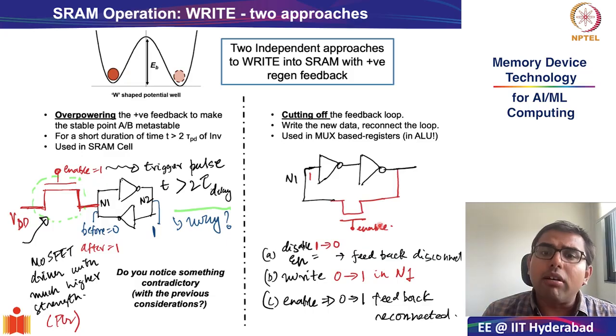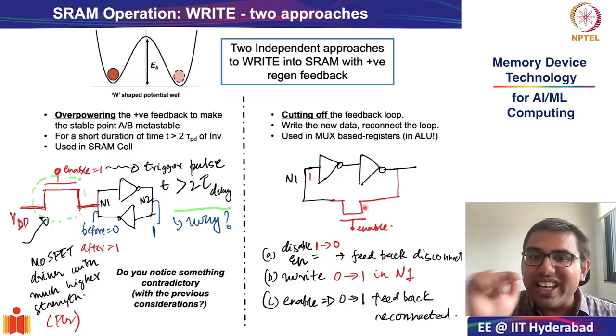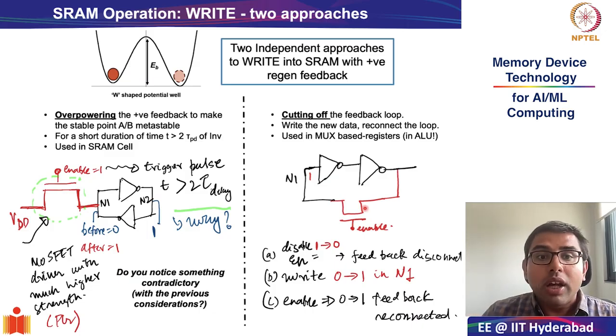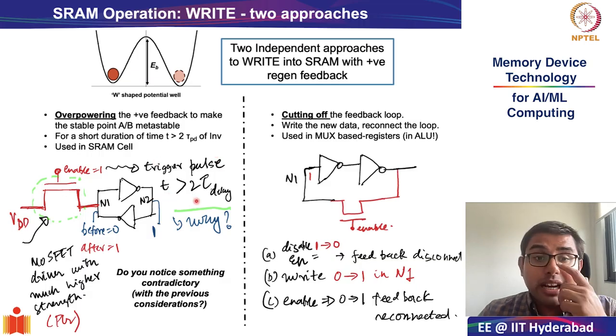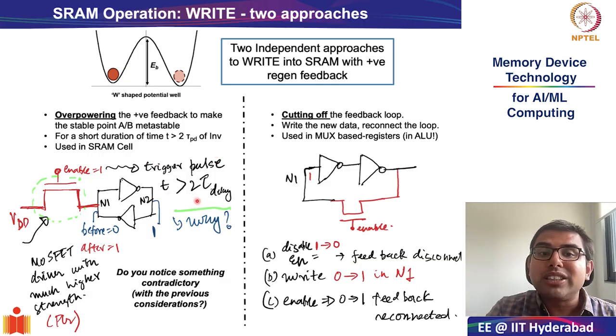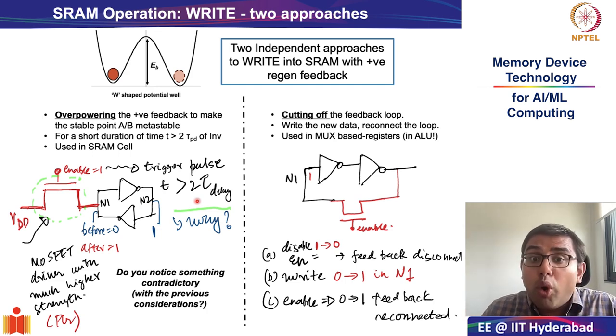So it is a little bit larger overhead in terms of signals, in terms of routing, and also in terms of footprint. But the advantage in using this method is that you are no longer governed by the trigger pulse needing to be more than 2 tau delay, and therefore it can give you faster writing speeds.